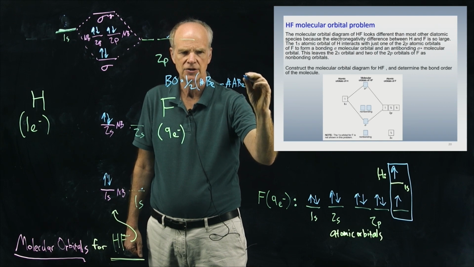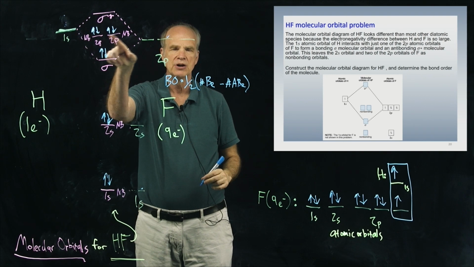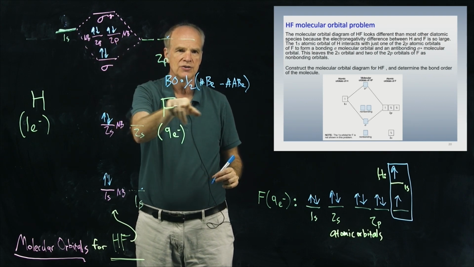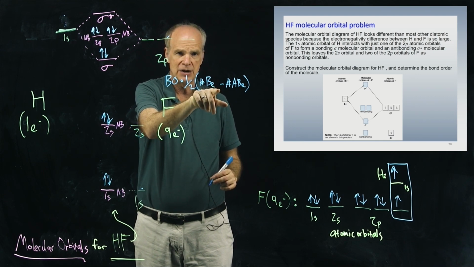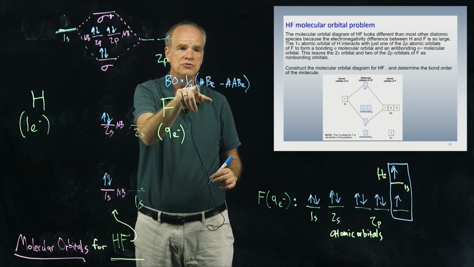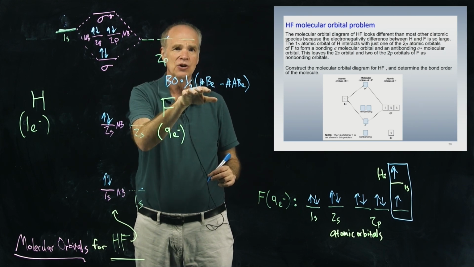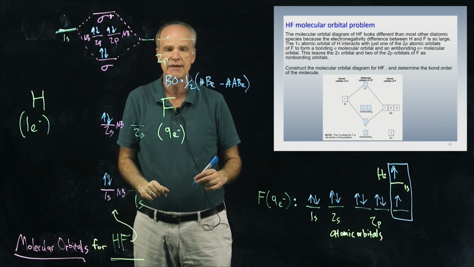Now, you will notice here that we have some electrons that are in non-bonding orbitals. But look, this formula has no term for non-bonding electrons. So you do not put non-bonding electrons into this formula. You only put in the number of electrons you see in bonding orbitals and antibonding orbitals.